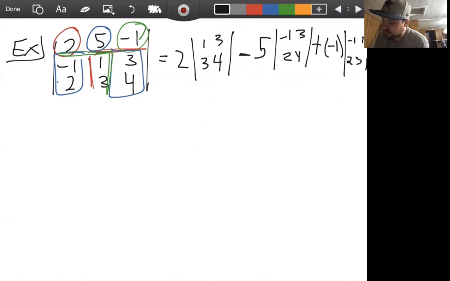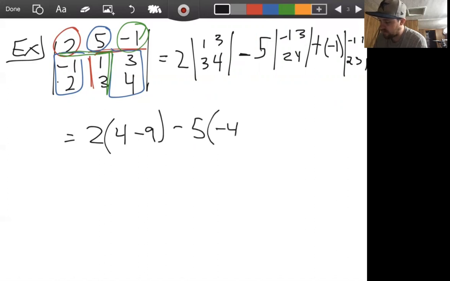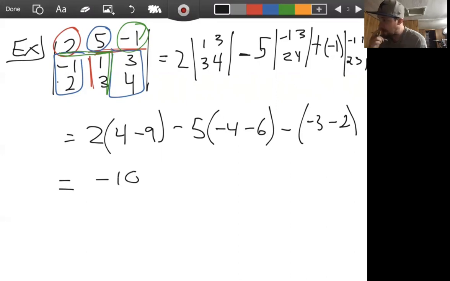And so simplifying this, we remember how to take a 2 by 2 determinant. That's 2 times 4 minus 9, minus 5 times negative 4 minus 6, minus, because of the negative 1 there, negative 3 minus 2. Simplifying, we're going to get, so 2 times negative 5 is negative 10.